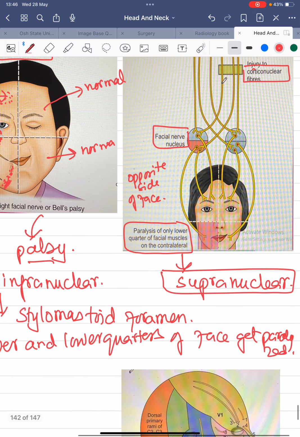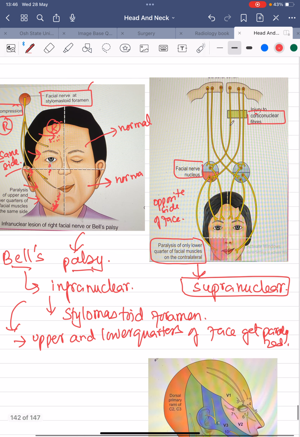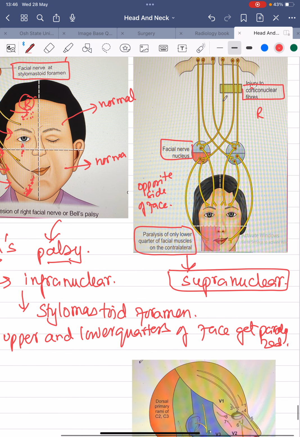So see here, if it is an infranuclear lesion, it is on the same side. So if you see a patient of Bell's palsy on the right side, it means the lesion is on the right side. But if the patient comes to you with paralysis of only the lower quarter of the facial muscles, it means that the lesion is on the opposite side.